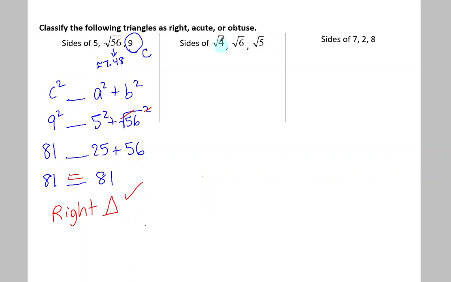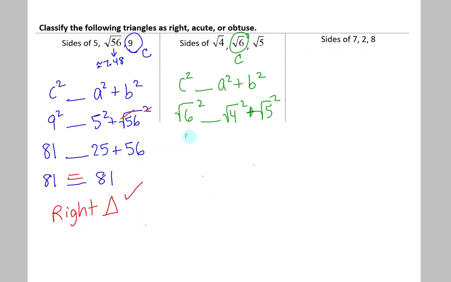In this problem, because they all have square roots, I can just pick the biggest of what's under the square root. This one is the C. So when I do C squared blank A squared plus B squared, I'm using square root of 6 all by itself, square root of 4 squared and square root of 5 squared on the other side.